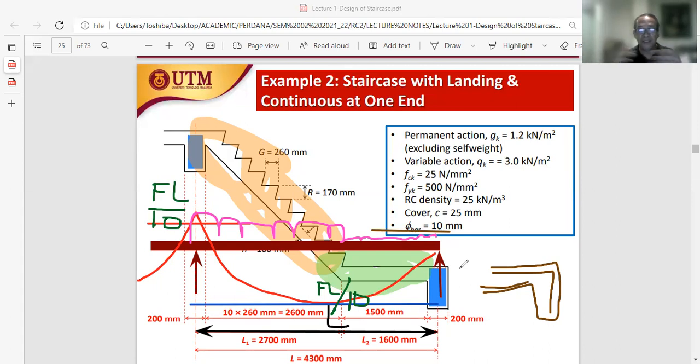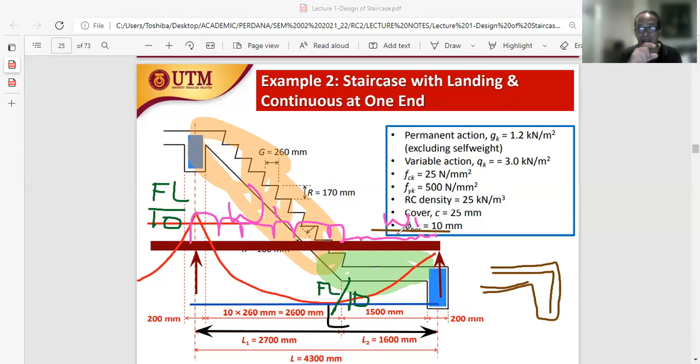So we have these two loadings, W1 and W2. W1 represents the inclined section, where we evaluate the loading based on the average thickness, what we have done earlier in example number 1.